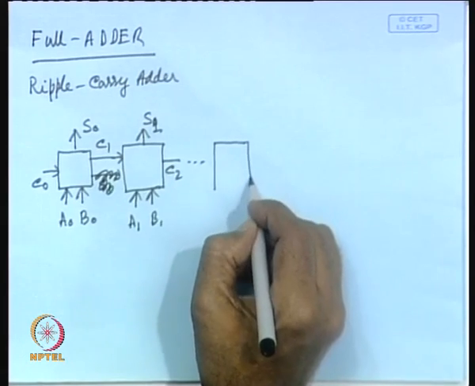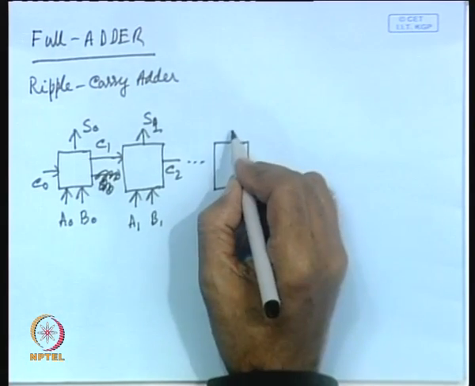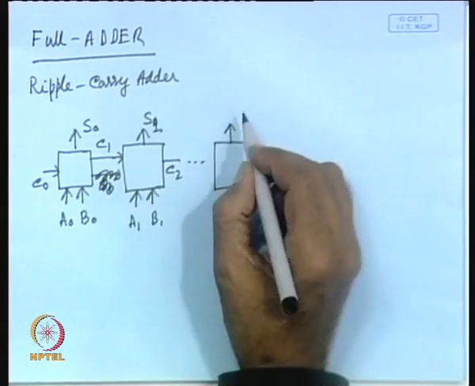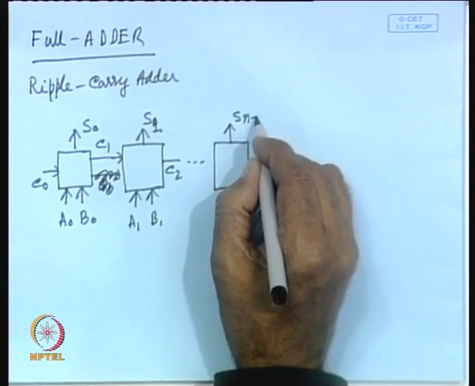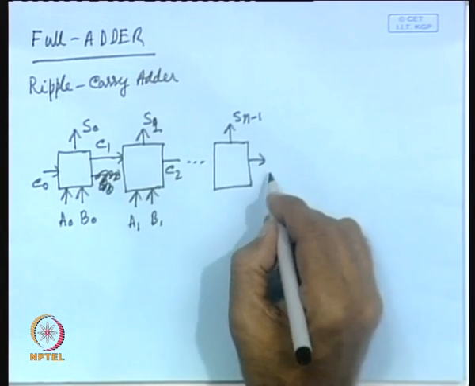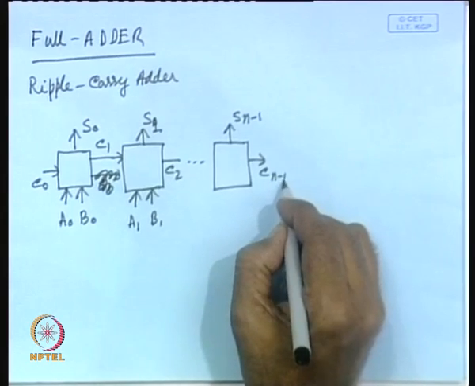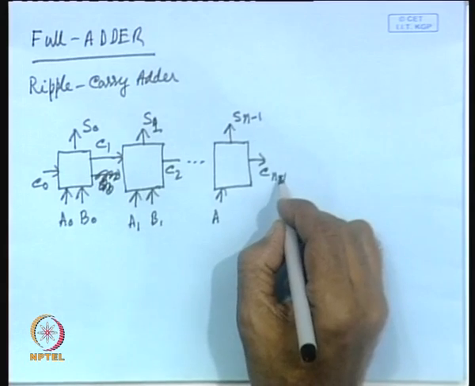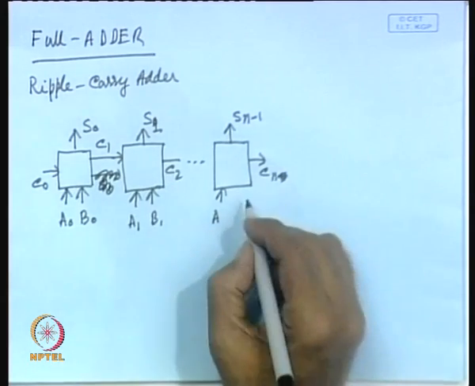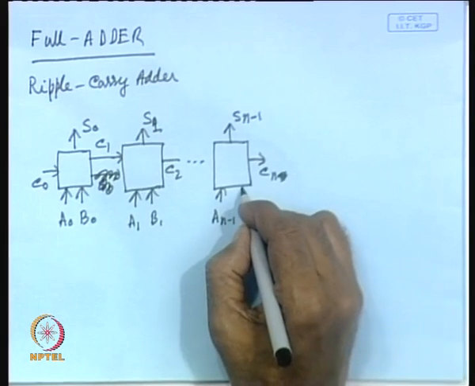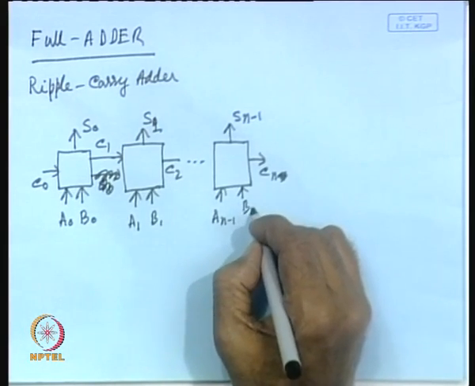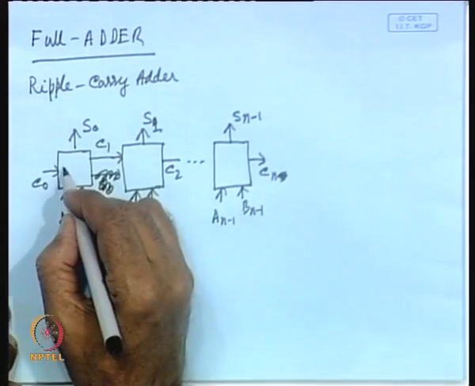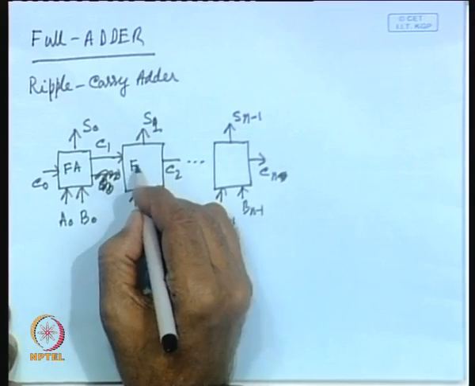Ultimately, it will realize an n-bit adder. So, it will be S n minus 1, and this is the carry generated by that stage, C n minus 1, and here of course, you are applying, sorry, it will be C n, and it is A n minus 1, B n minus 1. So, you can see you are using a similar building block, these are known as full adder. This is a full adder.